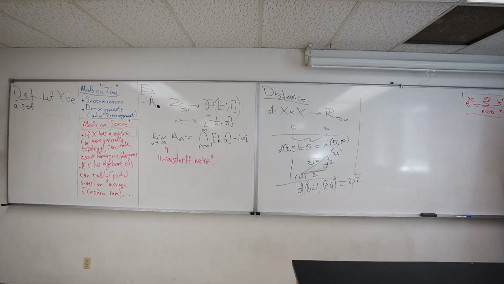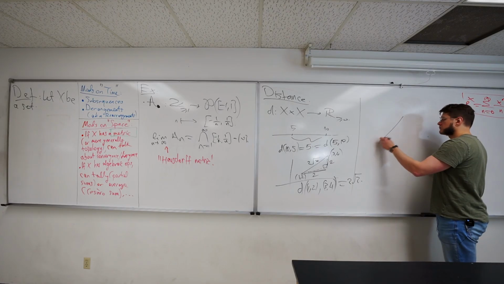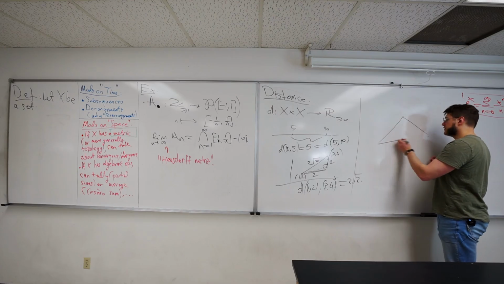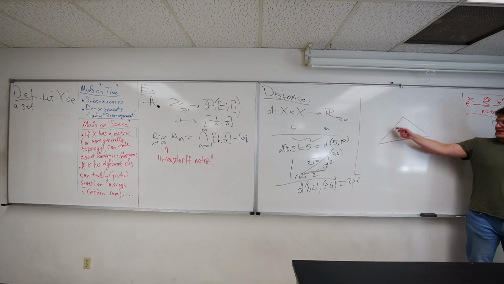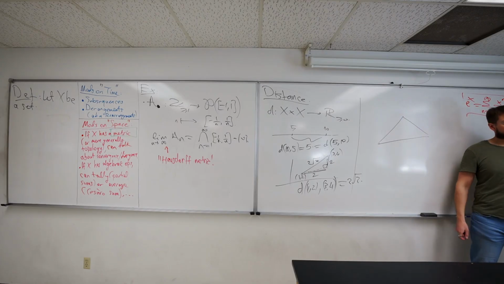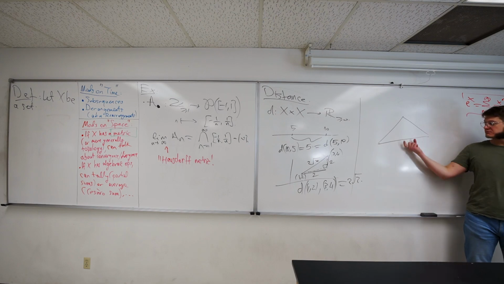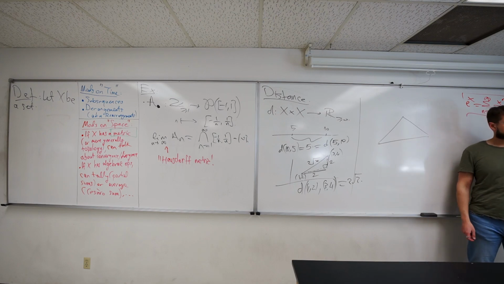If you take 3 points on the plane, and you look at this triangle, it is always the case that the sum of the lengths of any two dominates the length of the third one.